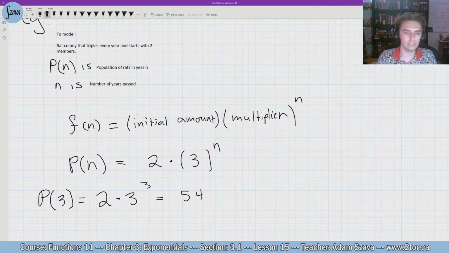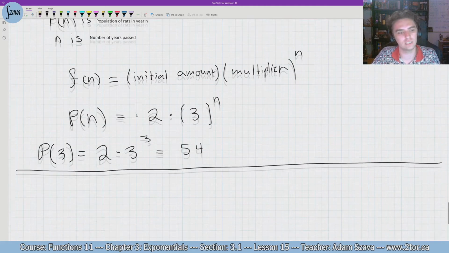So you see, it's pretty easy to make an exponential function if you're given it in this form. Initial amount times the multiplier to the power of n. And this was tripling, so tripling goes in here. Now let's talk about something that's not being multiplied by a whole number. And this is fine still.